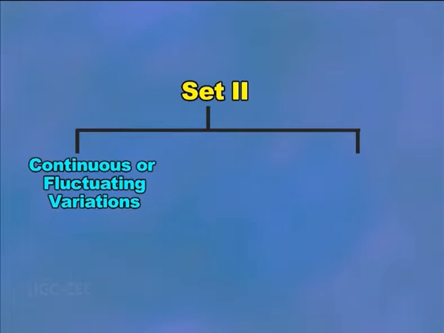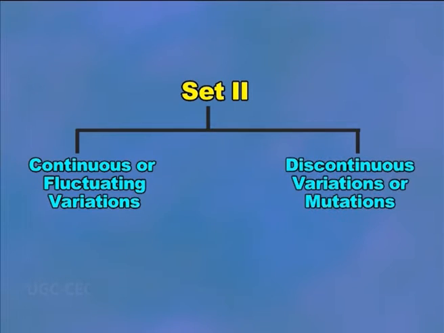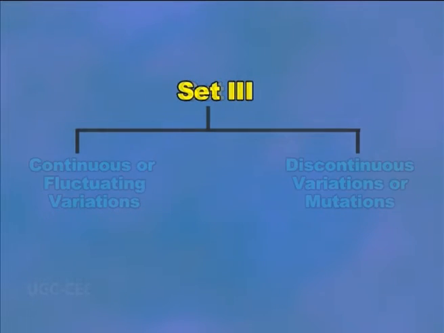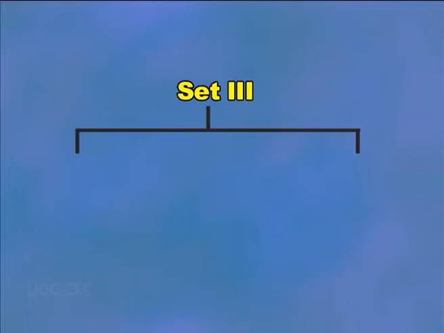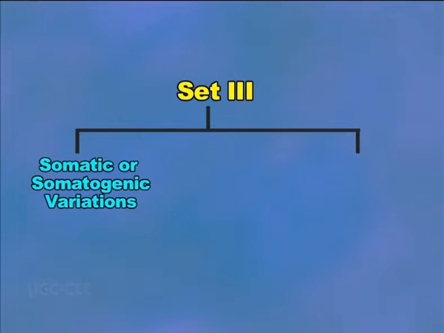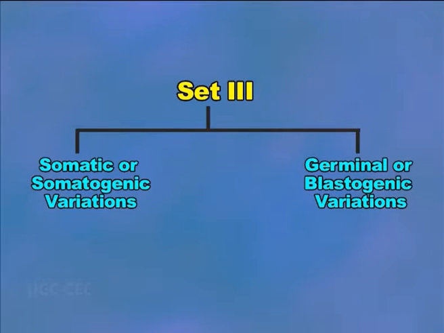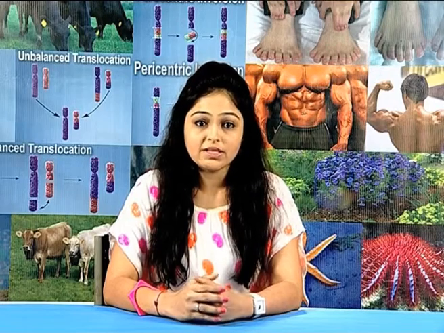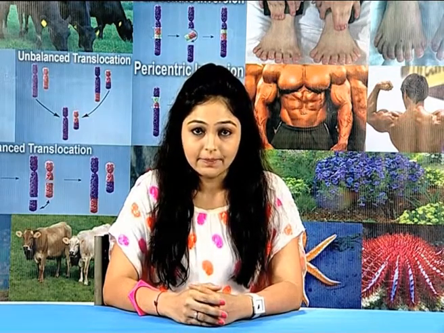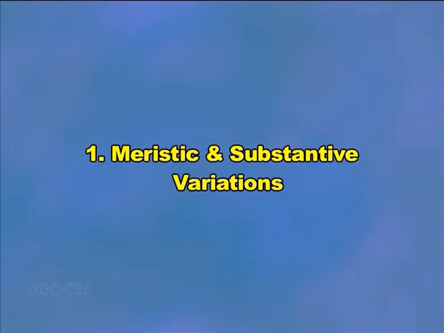Set 2 includes continuous or fluctuating variations and discontinuous variations or mutations. Lastly, set 3 includes somatic or somatogenic variations and germinal or blastogenic variations. We would be studying each of these sets in detail, starting with meristic and substantive variations.